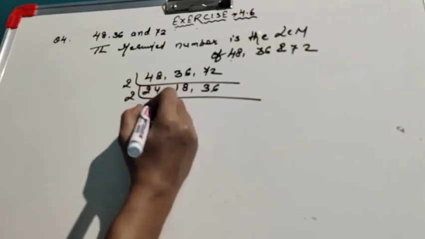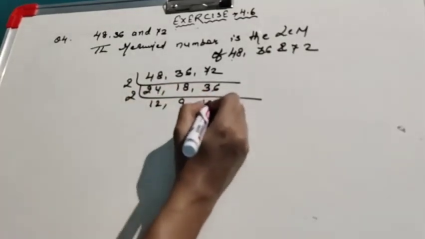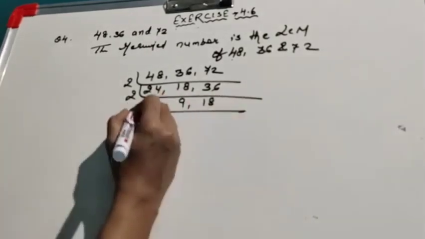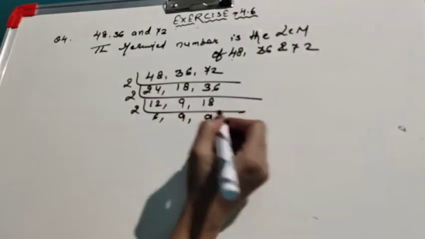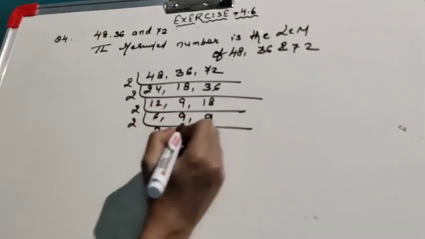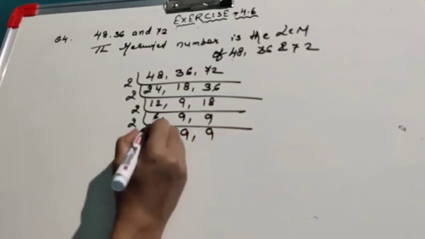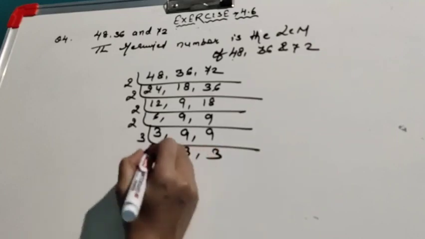Again 2 table: 12 times, 9 and 18 times. Again go with the 2 table, 6 times; 9 is not possible, so write 9, 2 9s are 18 because 6 is given. So again 2 times, 2 3s are 6, 9 not possible. So 3 table, 3 1s are 3, 3 3s are 9, 3 3s are 9.